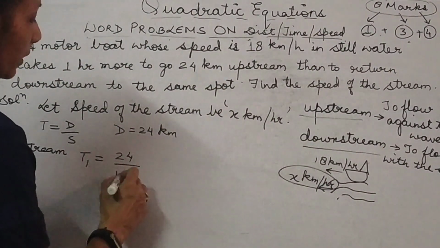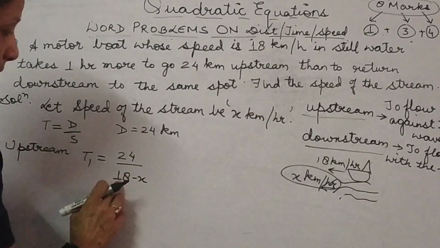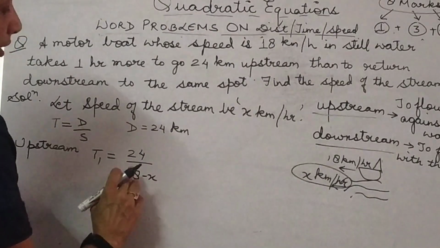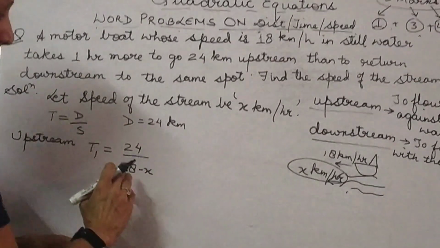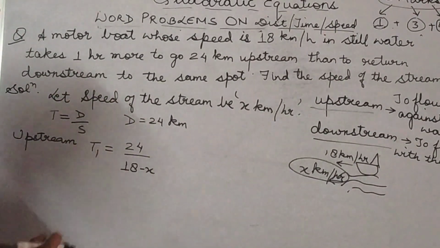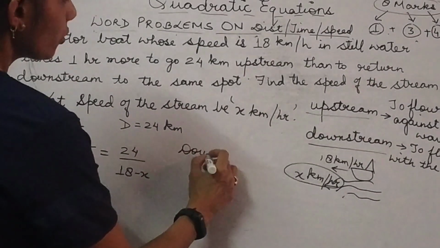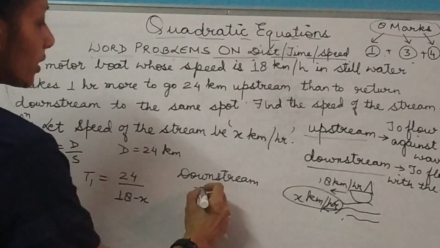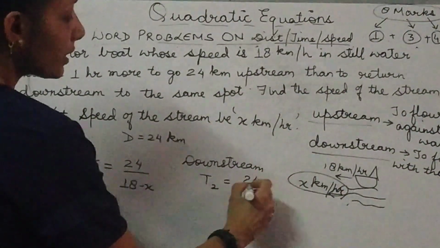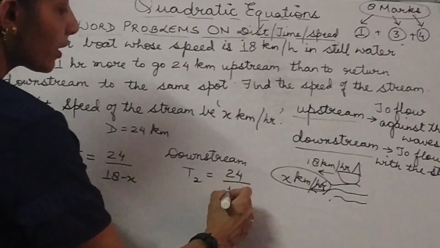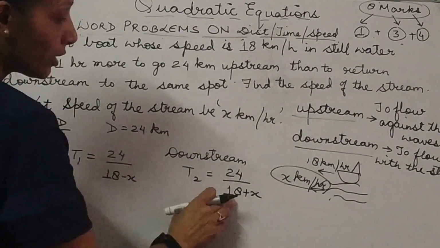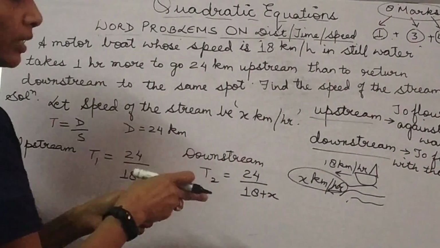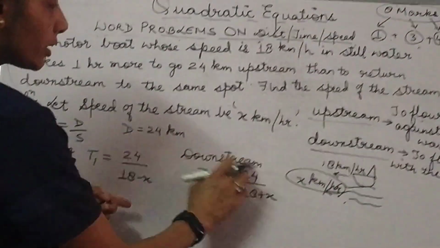That means it should be 18 minus x. The boat's speed is decreasing from 18 to something less than 18. So this is your time one. When the boat is moving downstream, the time taken will be 24 over 18 plus x. This is the speed of the boat and this is the speed of the stream, which is added in downstream.